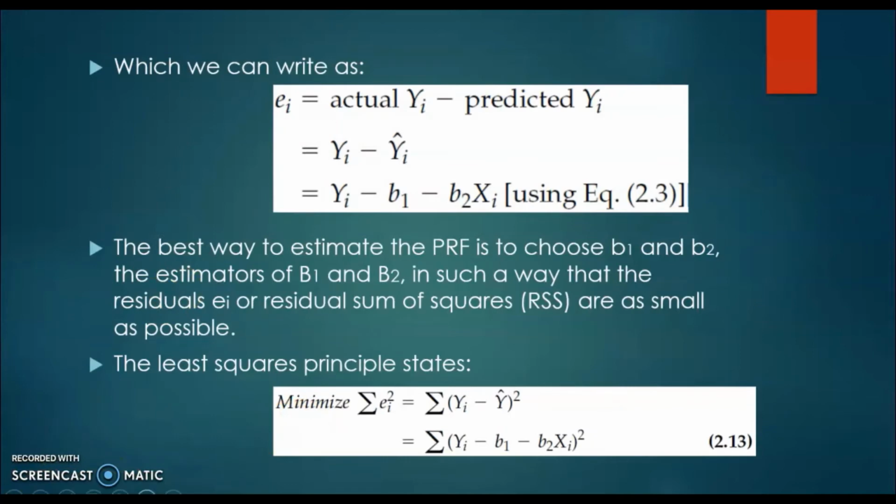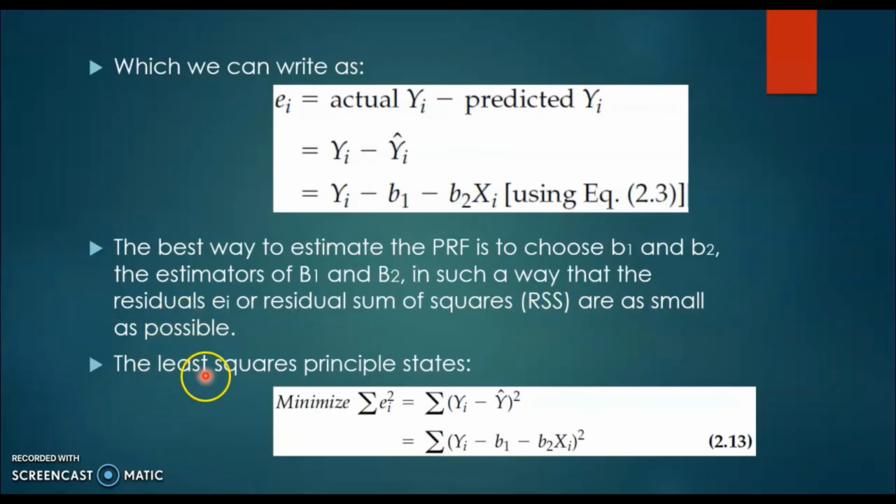So the best way to estimate the population regression function is to choose b1 and b2, which are the estimators of beta 1 and beta 2, in such a way that the residuals, ei, or which can also be referred to as the residual sum of squares, RSS, are as small as possible.